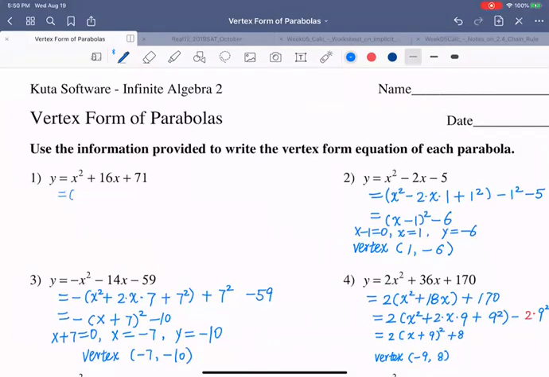Okay, so x squared plus 2 times x times 8, plus 8 squared, and then parentheses, and then minus 8 squared and plus 71.